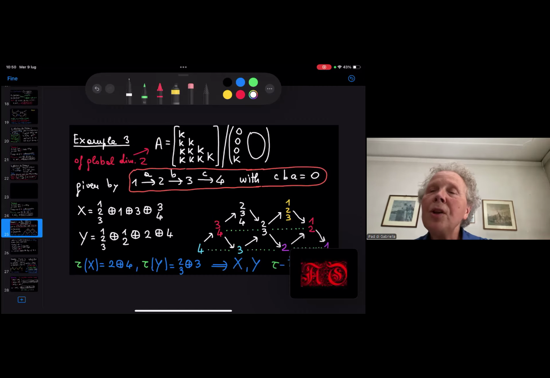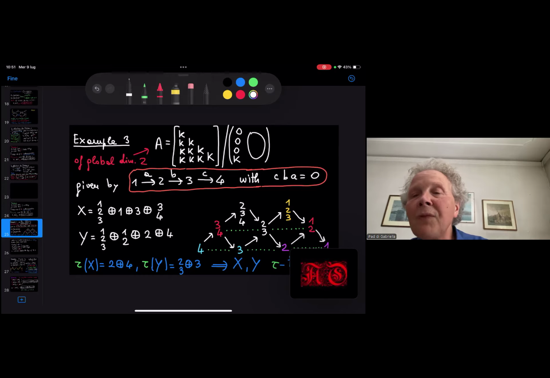An example: if you take this non-hereditary algebra and we look at the Auslander-Reiten quiver, we can consider the following examples of two tau-tilting modules which are not tilting. X is the direct sum of the modules 1, 2, 3, 1, 3, 3, 4. Y is the direct sum of 1, 2, 3, 1, 2, 2, and 4.